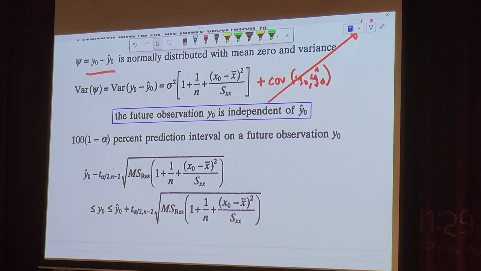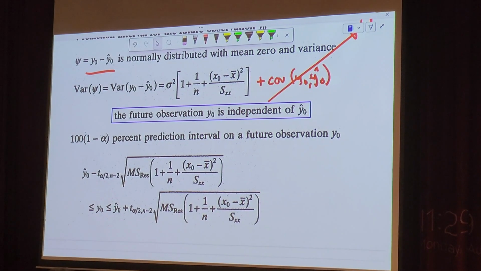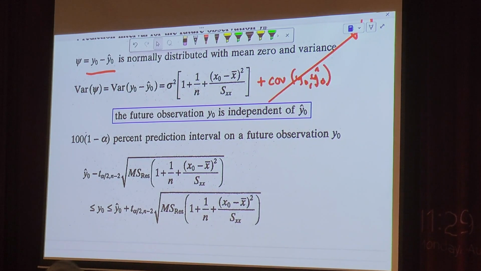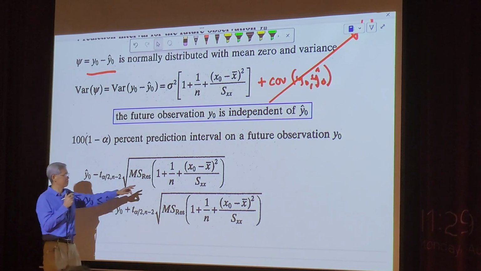So the confidence interval for the mean response and the predicted future value are similar except for this.